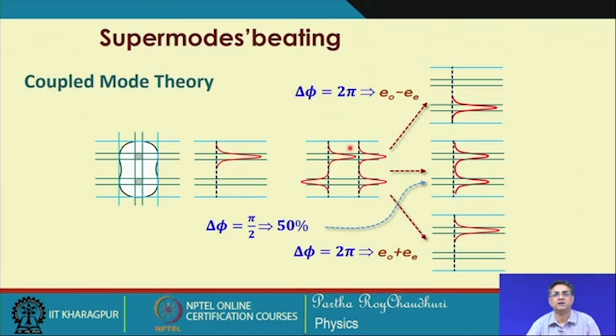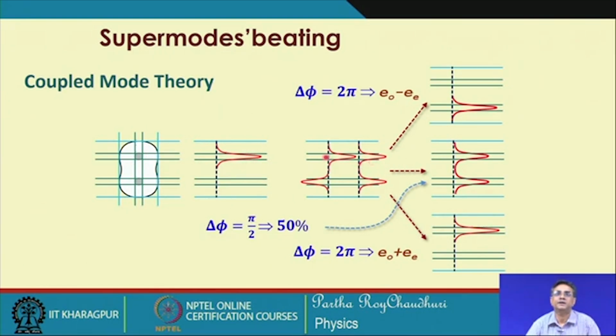This total structure can have the fundamental mode like this and the first order mode like this. So these are the two lowest order modes of the complete, composite structure, not the individual structure.